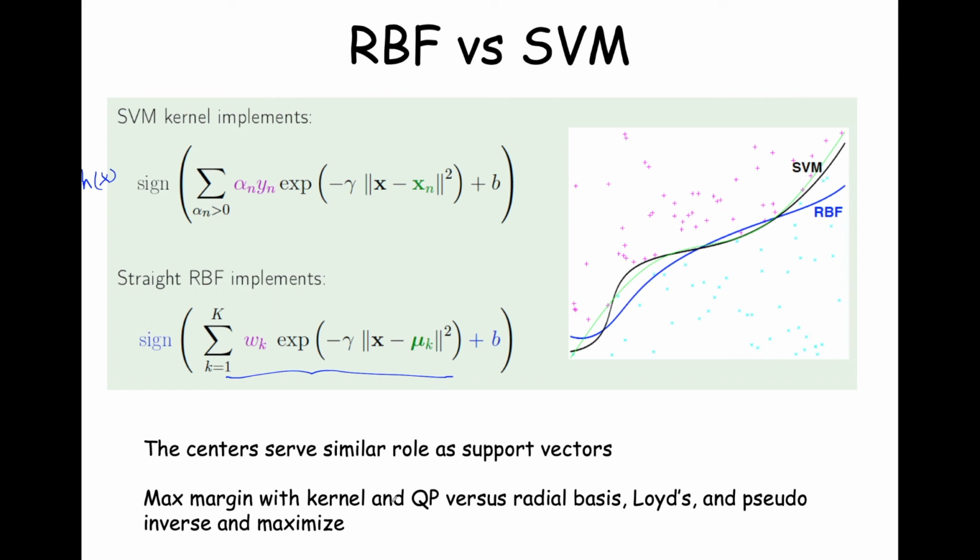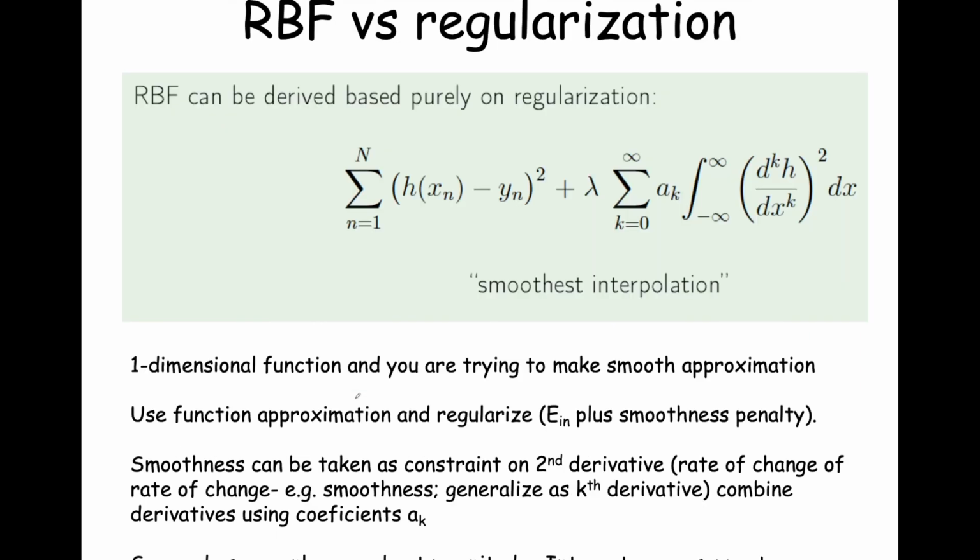But we can get a similar classifier using radial basis functions, Lloyd's algorithm, and pseudo-inverse in expectation maximization to try to find the gamma, the W, and the mu's. The W and the mu's are from Lloyd's, and then we find the gamma using that alternating approach, expectation maximization.